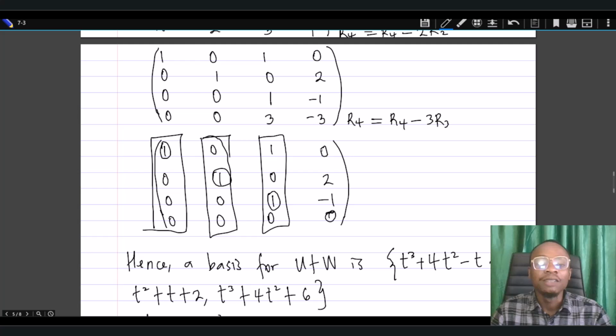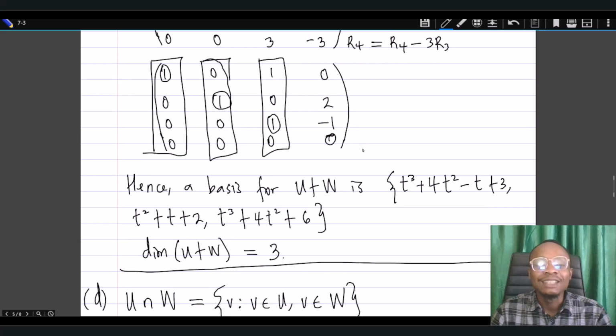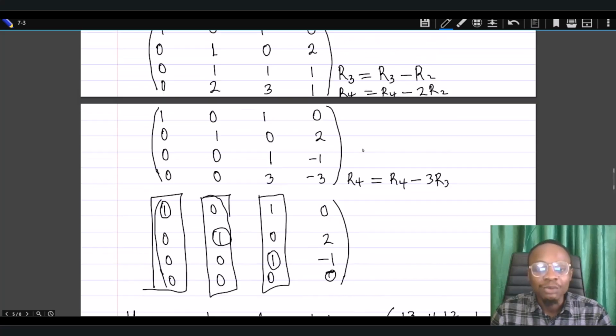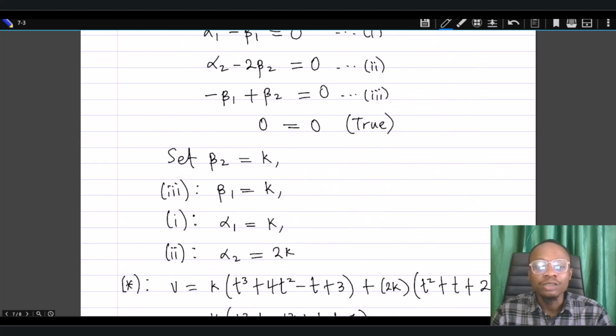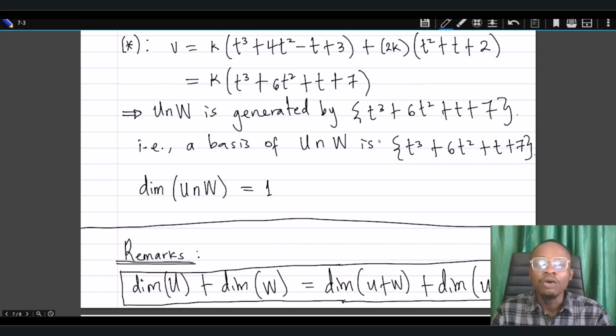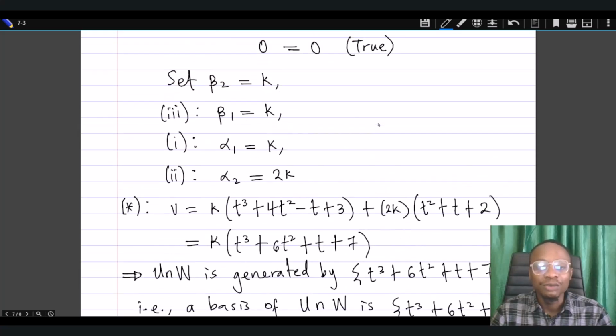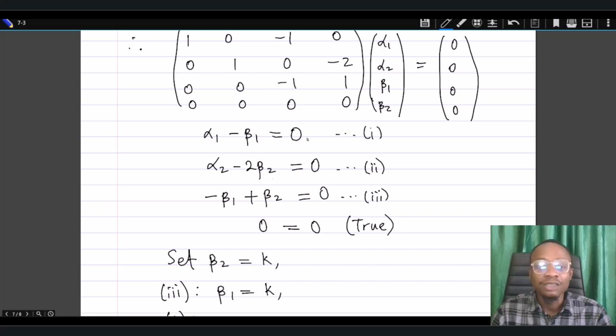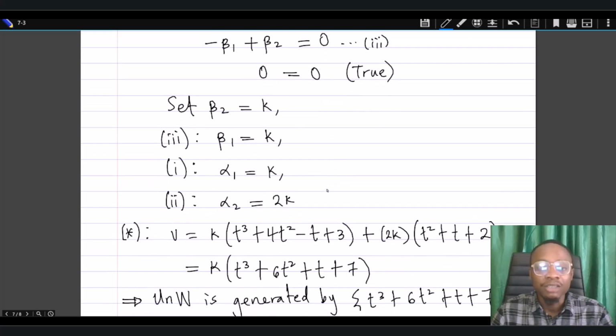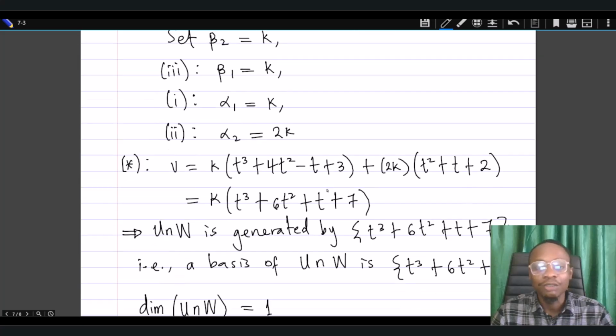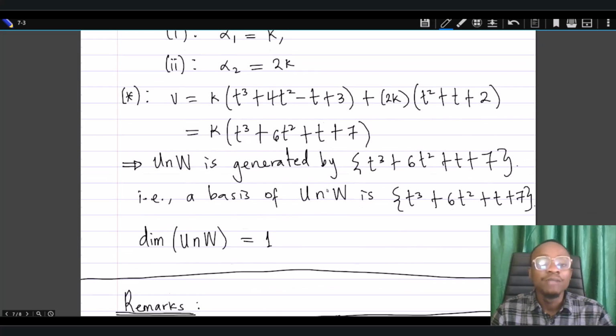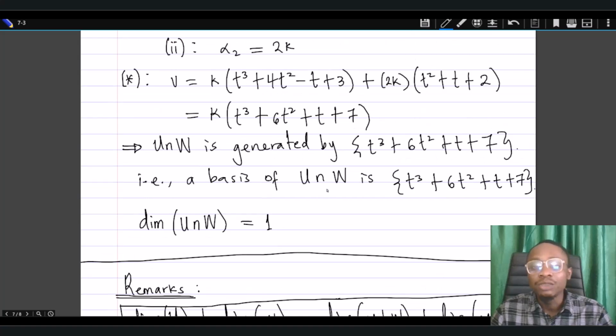So there is no generally acceptable way of just getting the basis of U intersection W from what we have done here. No, we will always have to go through this process like we just did, or any other process that involves even more rigorous workings. But this is the simplest and easiest way to get a basis of the intersection of the subspaces U and W. If we needed to just get the dimension, that means we wouldn't have to go through this process.